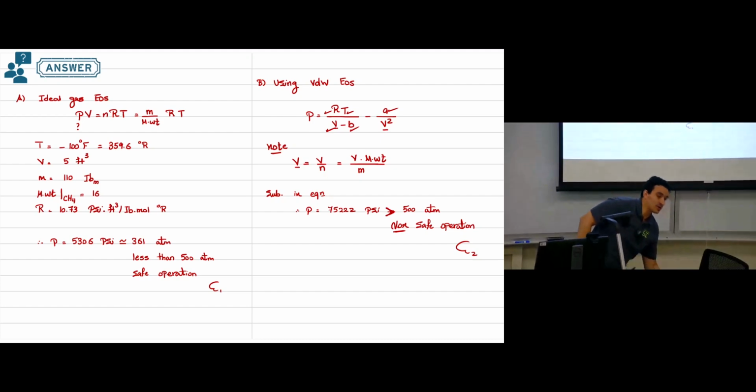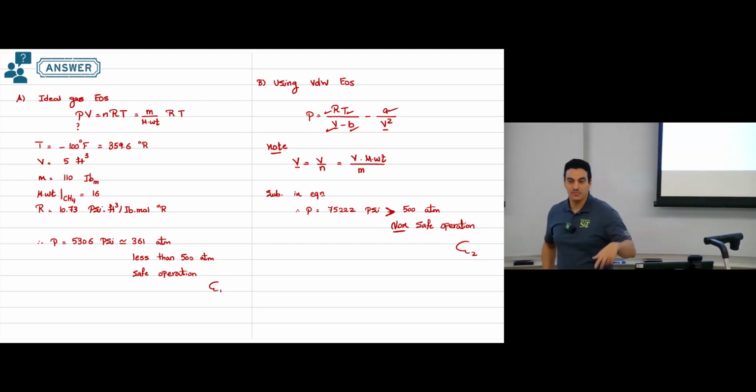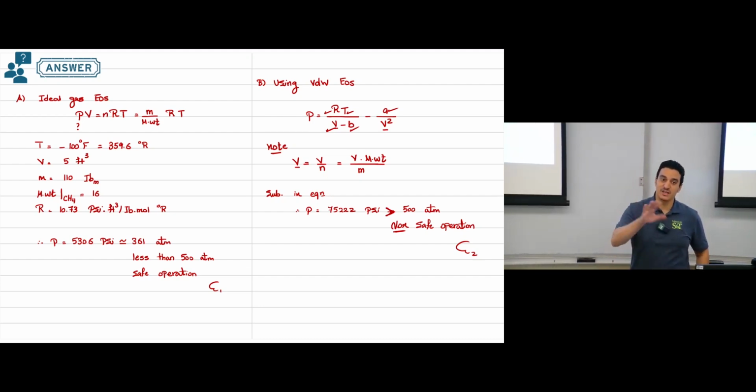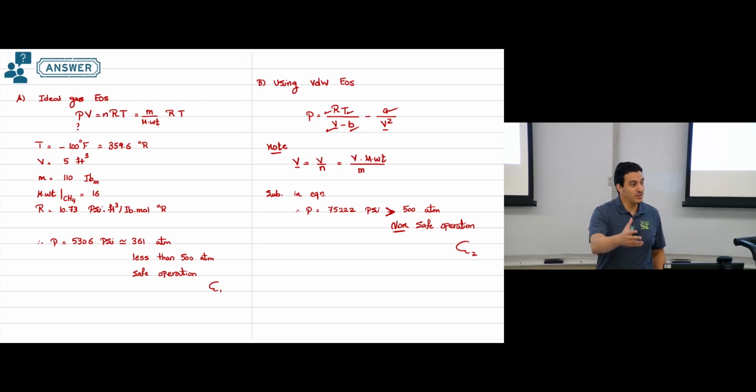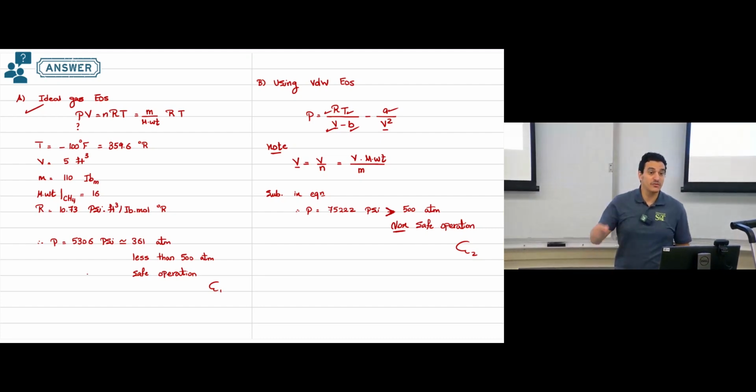So which one will you rely on? Van der Waals, because we know that the ideal gas equation of state is valid at low pressure, but van der Waals is supposed to be accurate at high pressure. But here, the ideal gas appears to be the most accurate one, even at a high pressure value. So there is something missing here.